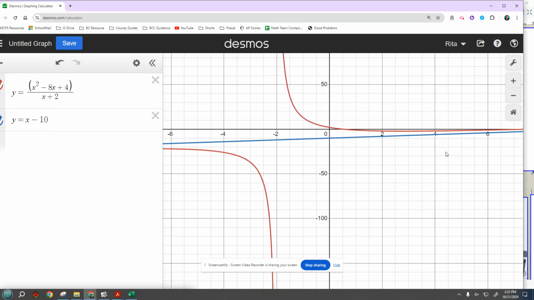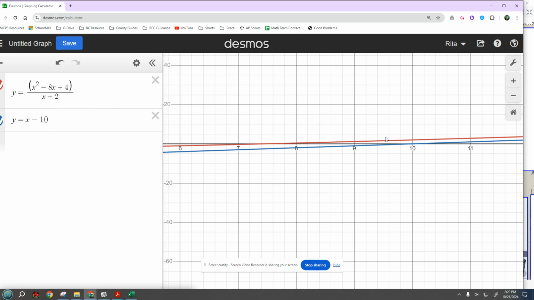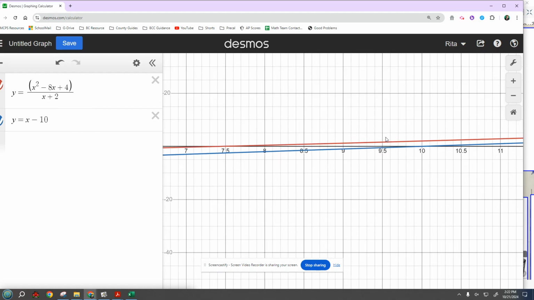In the middle, it doesn't. This is the wild and crazy teenage years. But out here, they're close. What is that remainder? The remainder is how far away the blue line and the red line are at that x value.